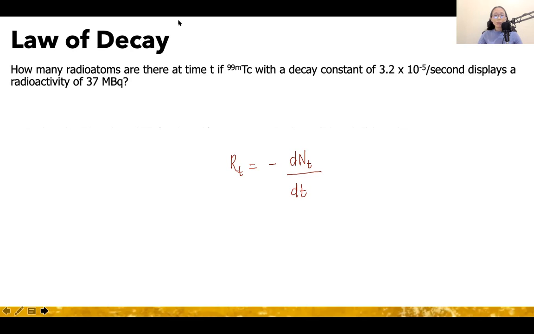So using the equation that we just saw, let's try solving this problem. We have metastable technetium-99, with a decay constant of 3.2 times 10 raised to negative 5 per second. How many radioatoms are there at time t, if at this specific point in time, the sample displays a radioactivity of 37 megabecquerels?